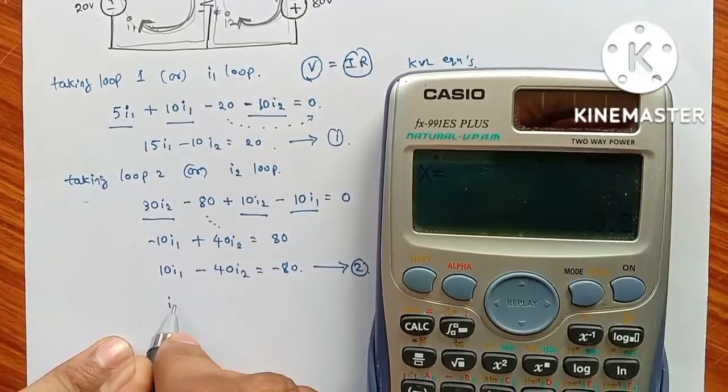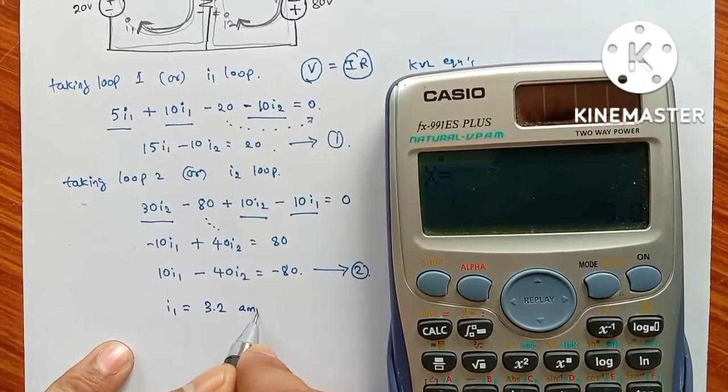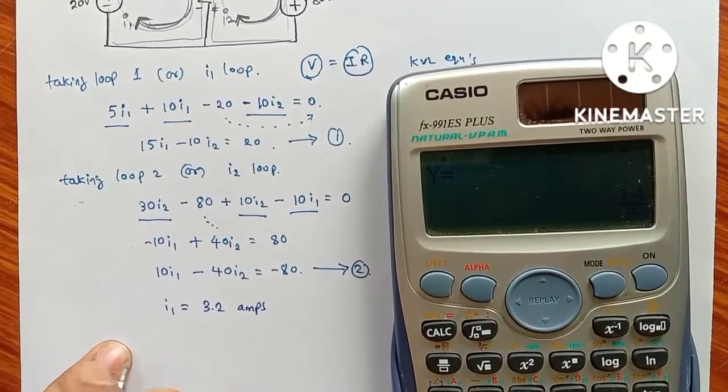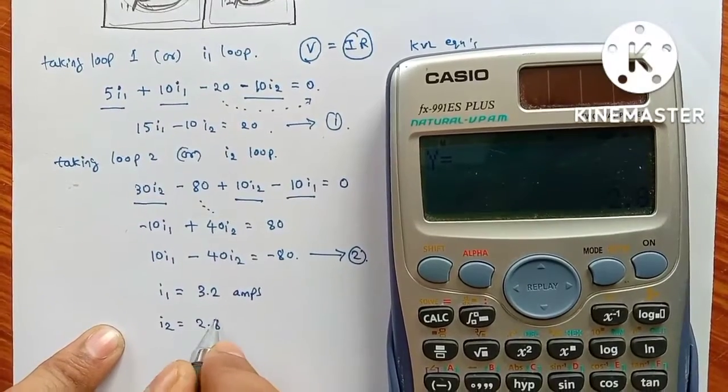Now I1 is equal to 3.2 amps, and I2 is equal to 2.8 amps.